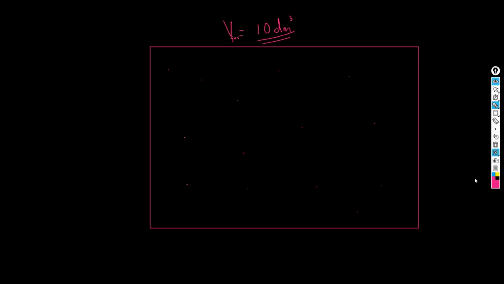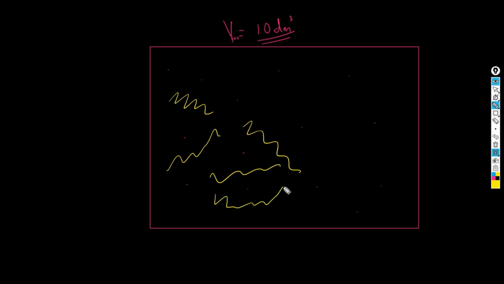Most of it is all of this empty area in between particles. And so this is what we mean when the theory says that the volume of a particle, the little pink dot, is negligible when it comes to the volume of the container or the volume of the gas, because most of the gas's volume is empty space.